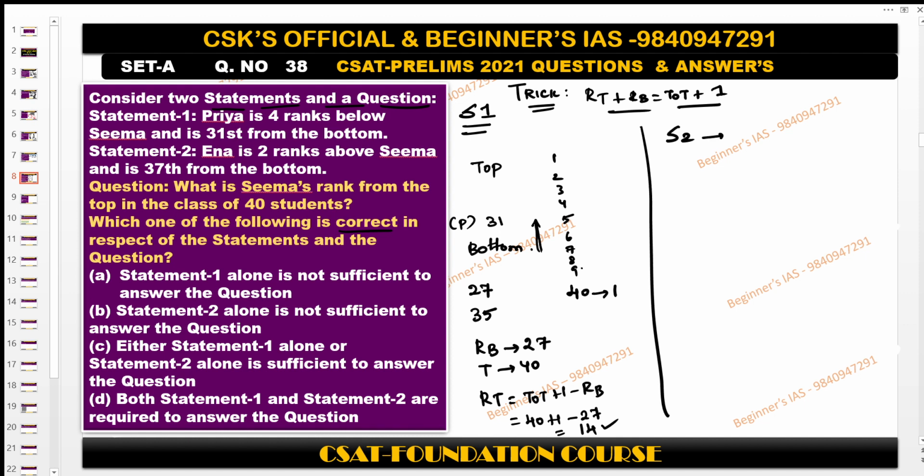With statement number 2. Understanding, Divyanshi? Yes, sir. Little bit. The question is whether you need to find the rank of Seema or not. That is the thing here you need to answer. Okay.